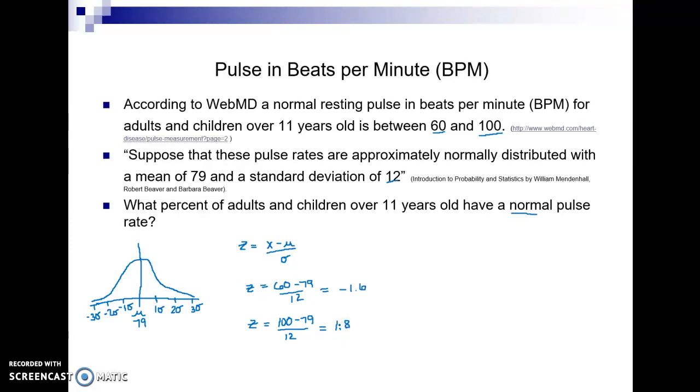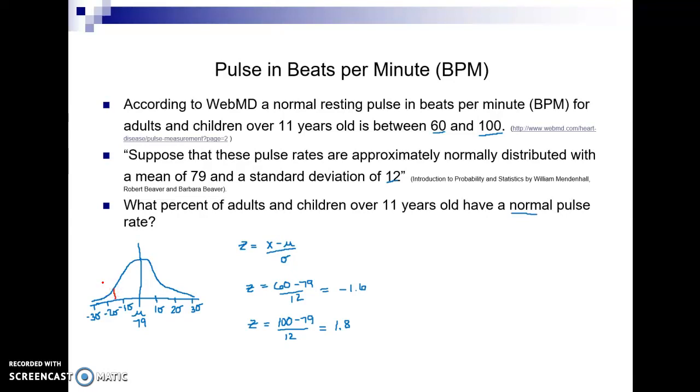Again, that makes sense because a pulse of 100 is definitely above the mean, so getting a positive value makes a lot of sense. The next thing I want to do is put these on my picture, so I'm going to switch pen colors. -1.6 would be between -1 and -2, so about here.